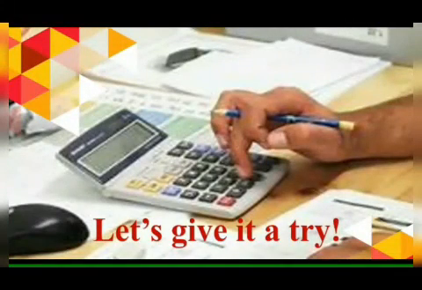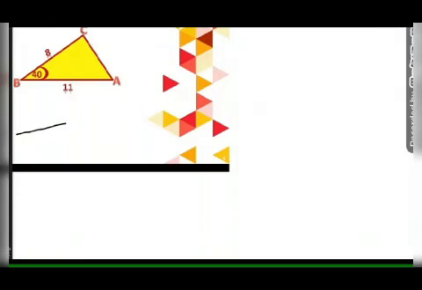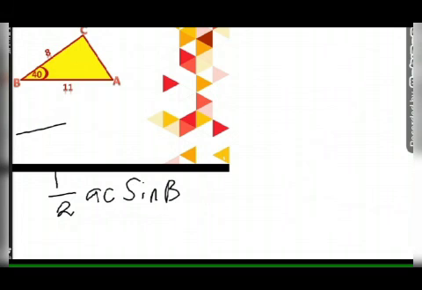Let us use this method to find the area of a given triangle. The appropriate formula to use is half AC sine B. This is because B is the only angle whose size we know. We punch this in our calculator and substitute A and C with actual values from the diagram given.